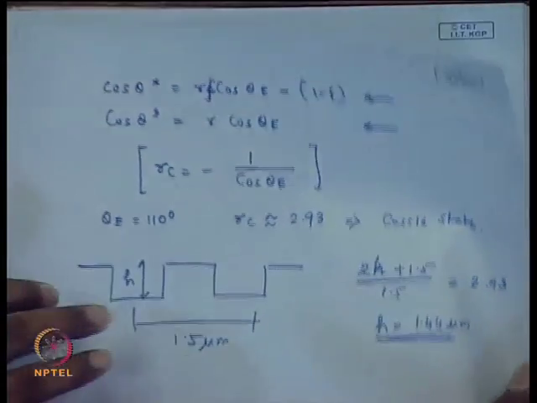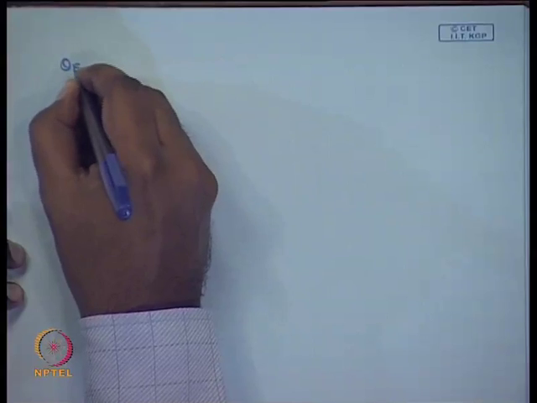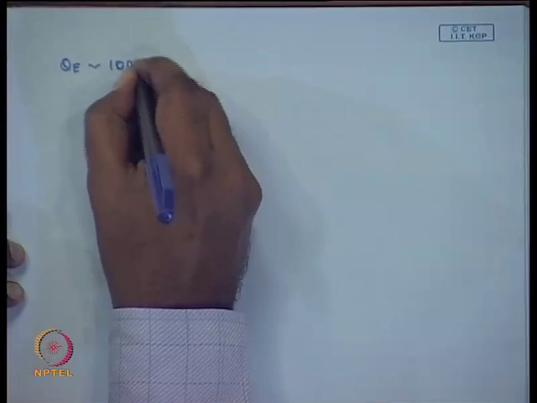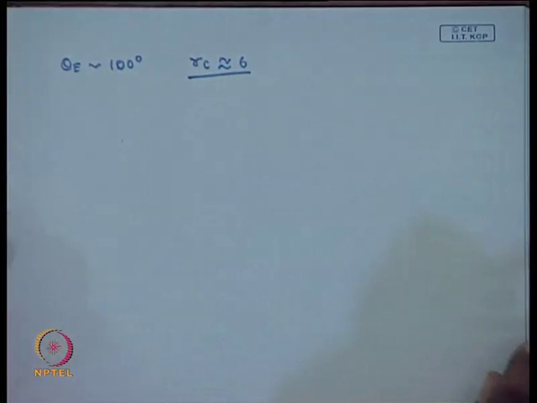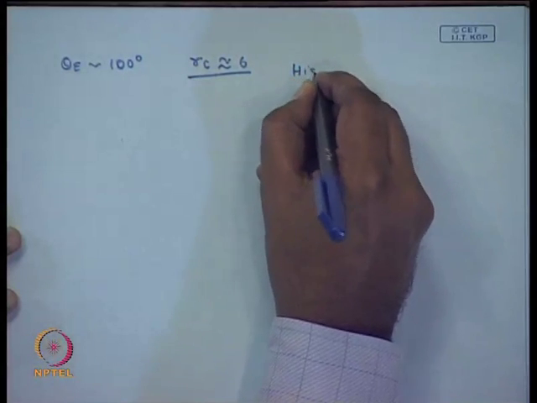Here the contact angle was 110. If you have a lower contact angle, let us say theta e is roughly 100 degree, you can see that r_c is close to 6, which means this requires the fabrication of rather tall structures, or higher aspect ratio structures.